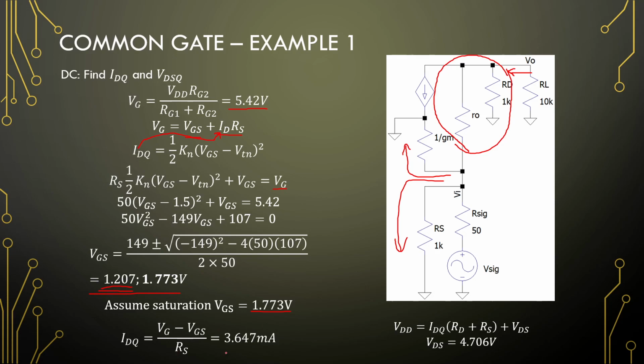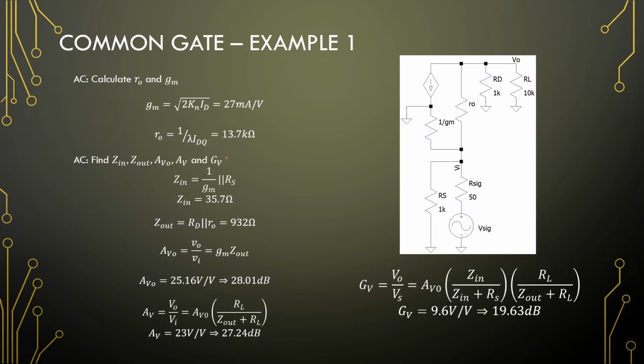With that, we can calculate our drain current and our drain source voltage. So 3.65 milliamperes and 4.7 volts. So using this drain current, we can calculate our small signal parameters, 27 milliamperes per volt and 13.7 kilo ohms for our output impedance.